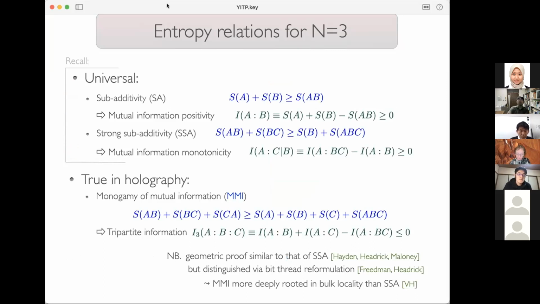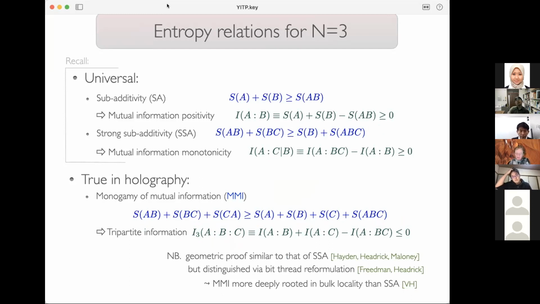And now this new one, the monogamy of mutual information, in terms of the entropies, looks like this. It's somewhat similar to these, but more physically, you can think of it as a negativity of tripartite information.